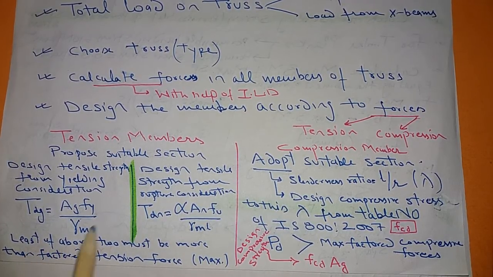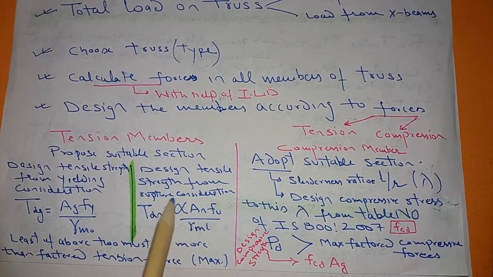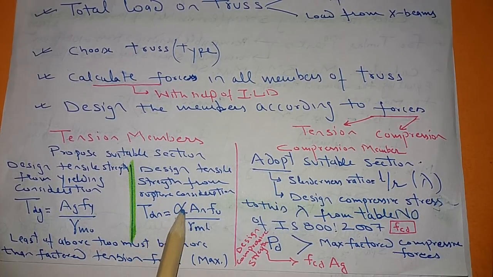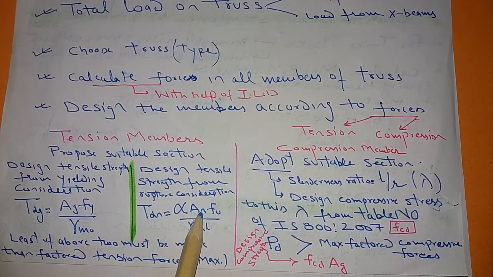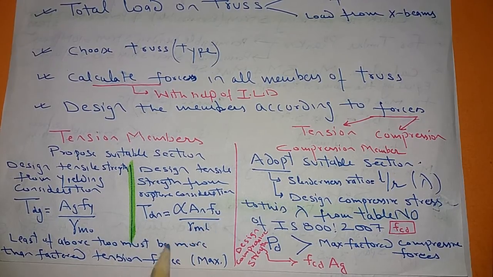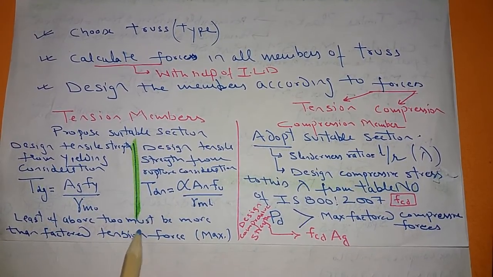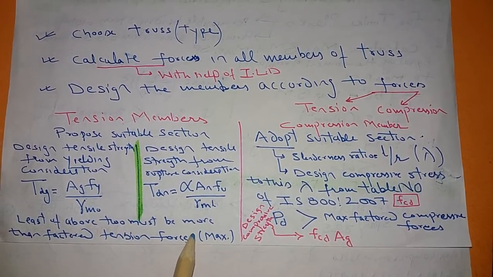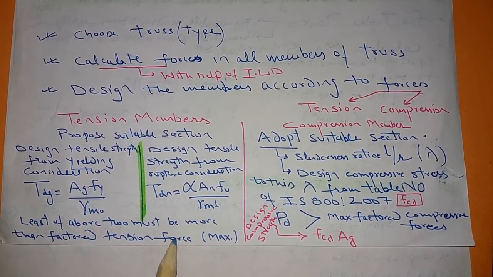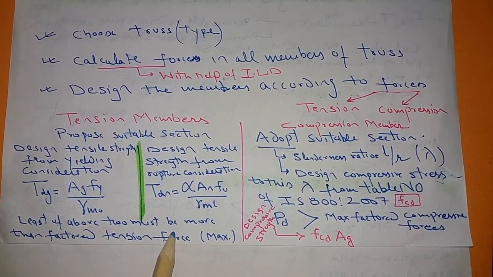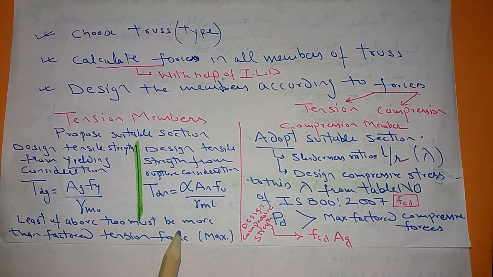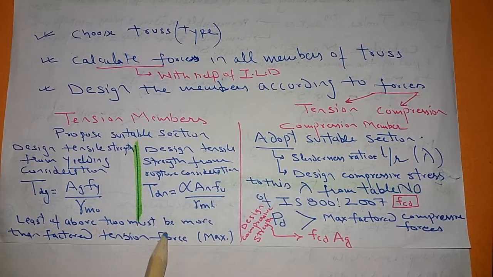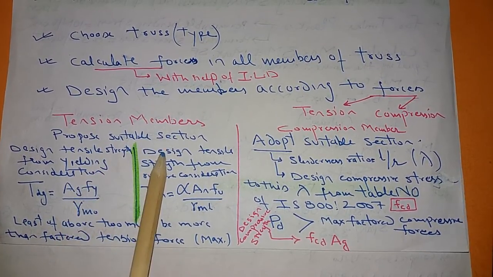Then design tensile strength from rupture consideration, alpha into net area into Fu upon gamma m. So the least of the above two must be more than the factored tension force. What does it mean? Whatever the forces which have been calculated according to ILD, that force has to be less than the tension member's capacity.